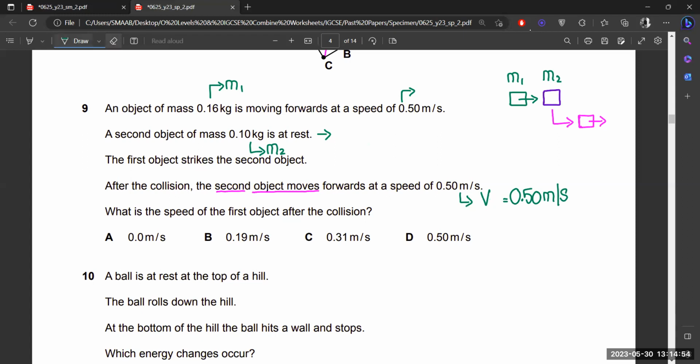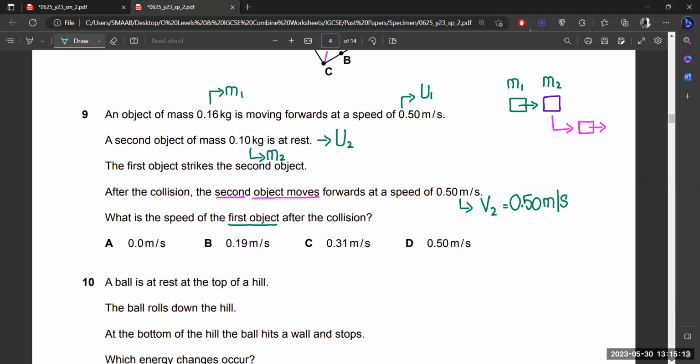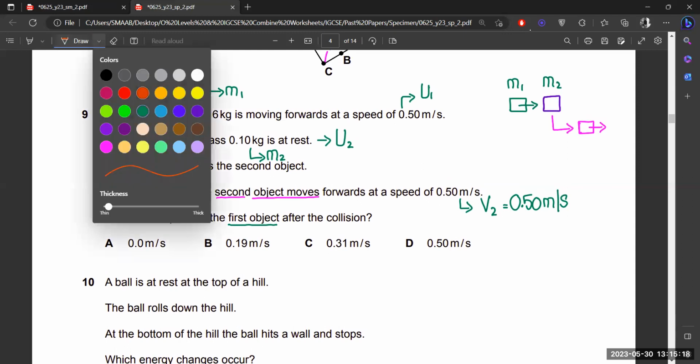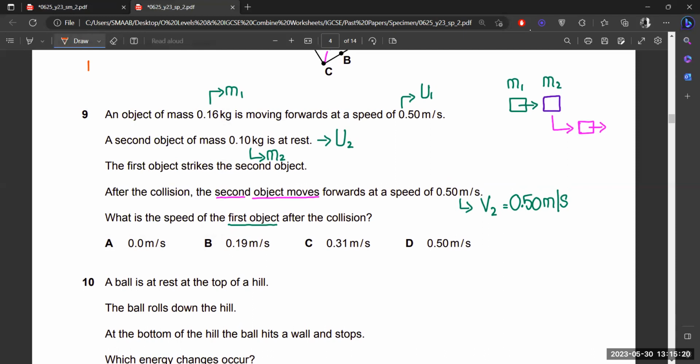So let's write u1 for the initial speed of the first body, u2 for the initial speed of the second body, and v2 for the speed of the second body. They are asking what is the speed of the first object after collision. This is a case of momentum, and you know that the law of conservation of momentum says that the momentum before collision is equal to after collision, and that will be like this: m1 u1 plus m2 u2 equals m1 v1 plus m2 v2.